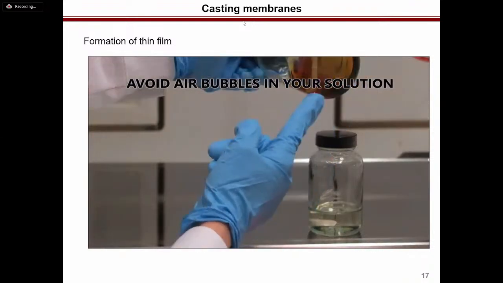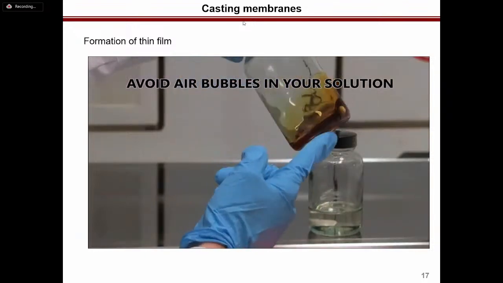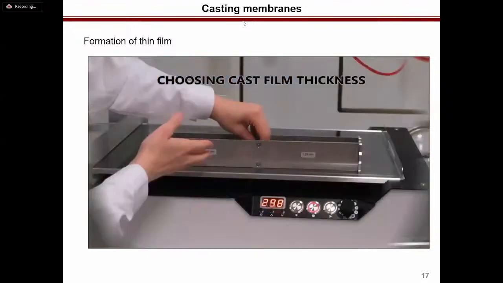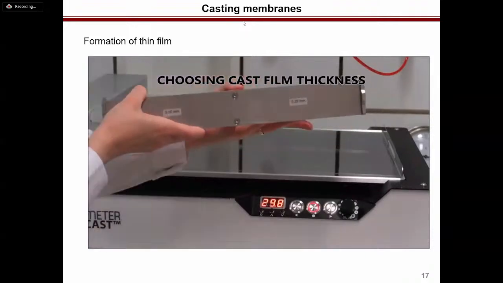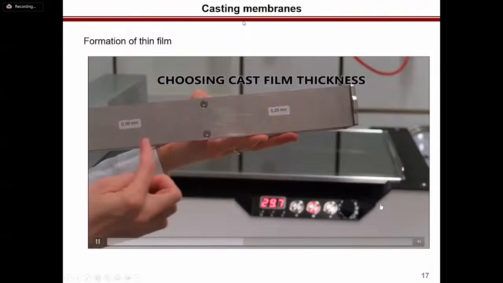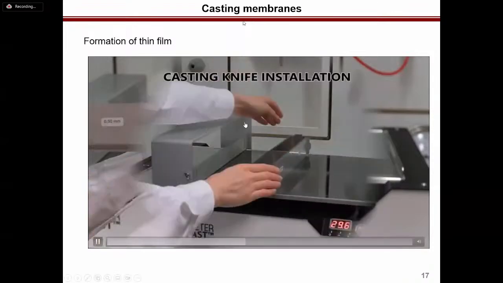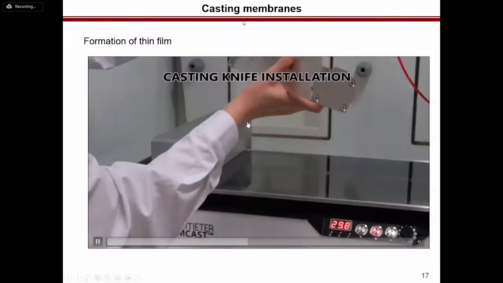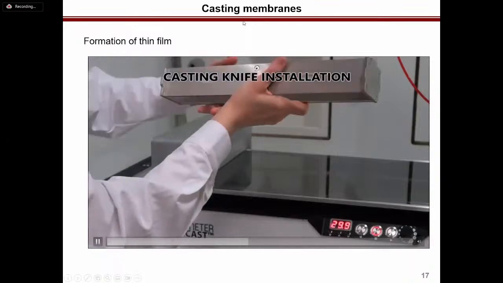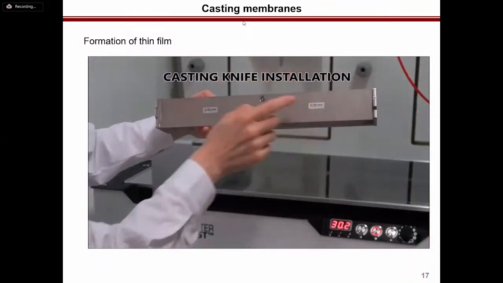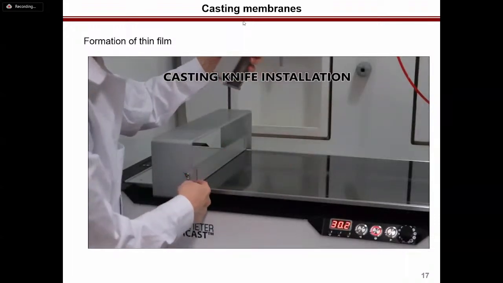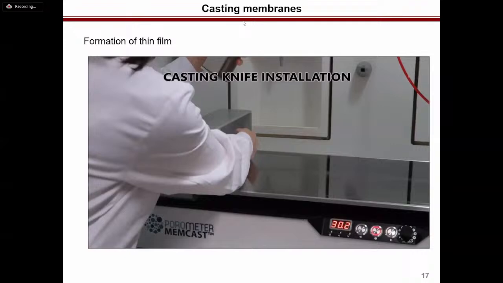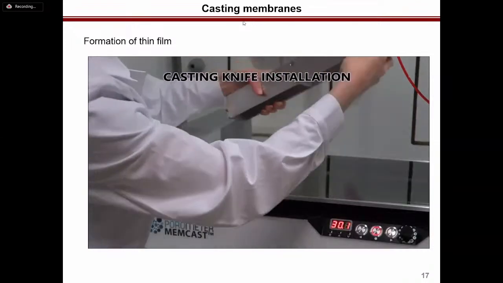But this is how you prepare your solution first, before you cast your membranes. So the thickness is the thickness of the membrane that you want. You can choose based on the knife. That shows you how to install it, but that's not very complicated.